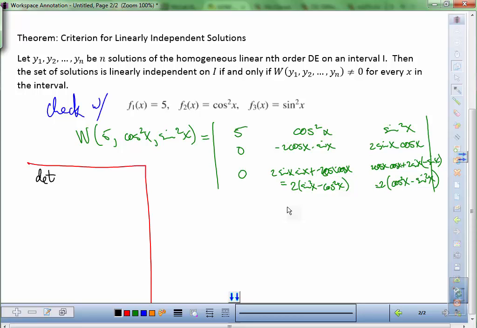So the determinant of a 2 by 2 matrix A, B, C, D is going to be the product of the diagonals, AD, subtract the product of the wings, BC. So the determinant of a matrix will end up being a number.